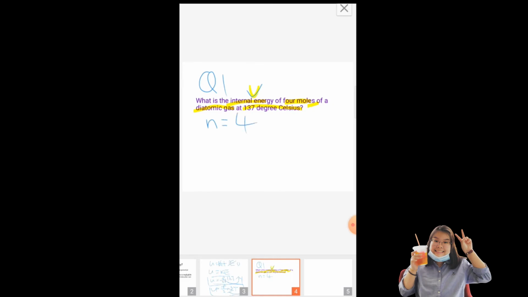And then diatomic gas gives us the degree of freedom f equal to 5. And then we need to change the 137 degrees Celsius to Kelvin, which is plus 273. Okay, so we get 410 Kelvin.